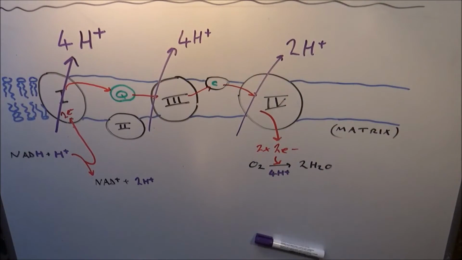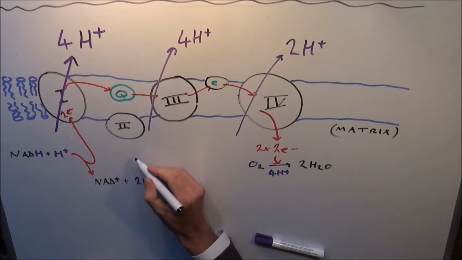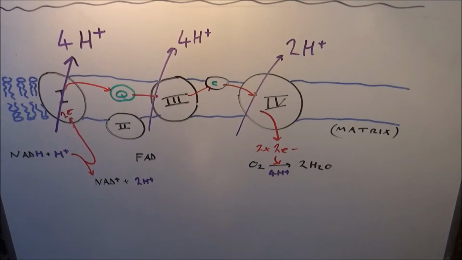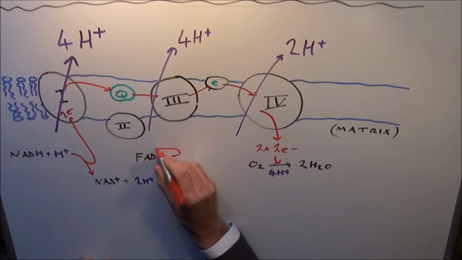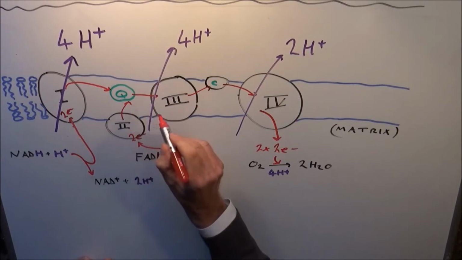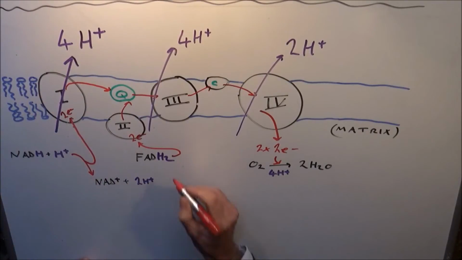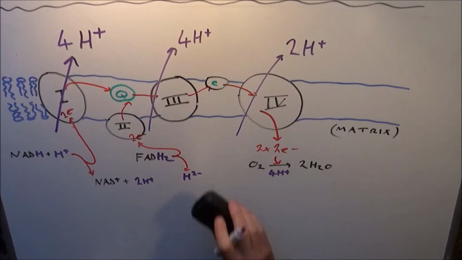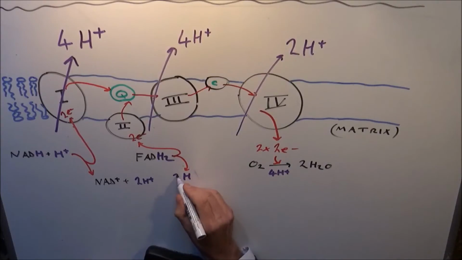If you remember, FAD in the reduced form, FADH2, when it is oxidized, feeds its electrons into complex 2 and then they go via Q. So you're missing this proton pumping site, and of course you get 2 H pluses.